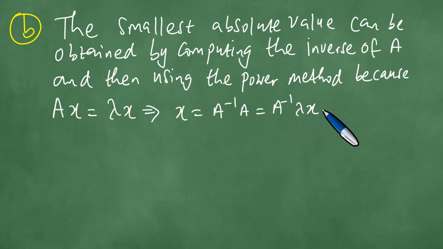A inverse lambda x, like so. So at this point, you can actually decide to divide by lambda so that you have x over lambda, and this is equal to A inverse x, equal to 1 over lambda x.